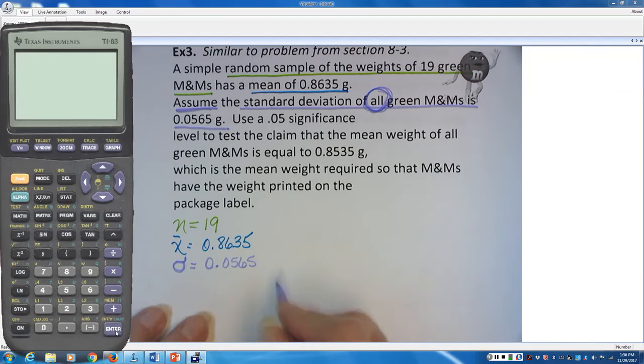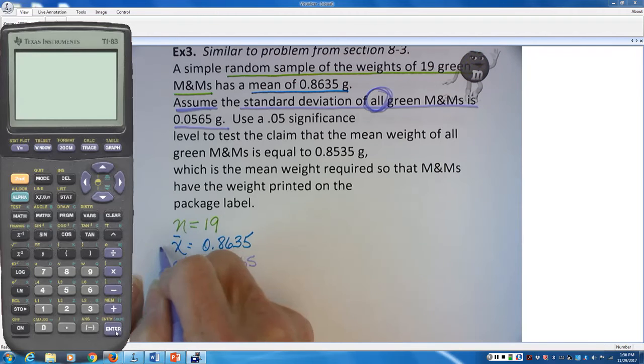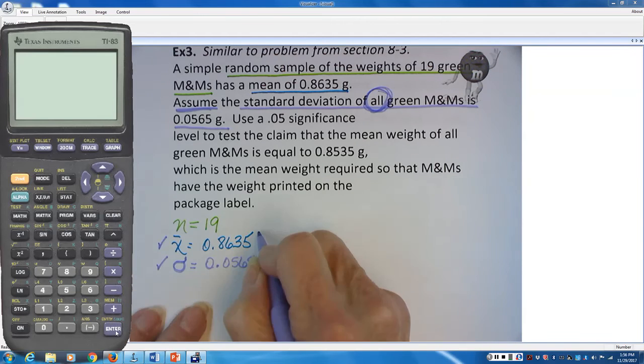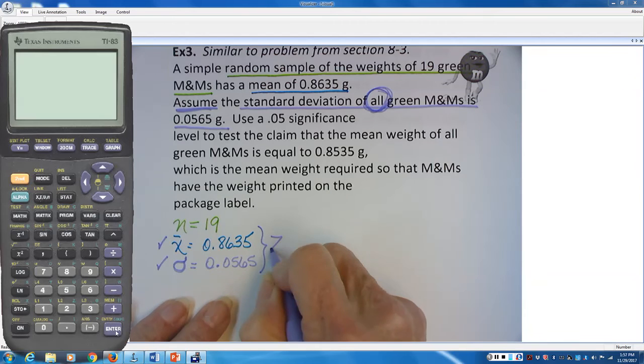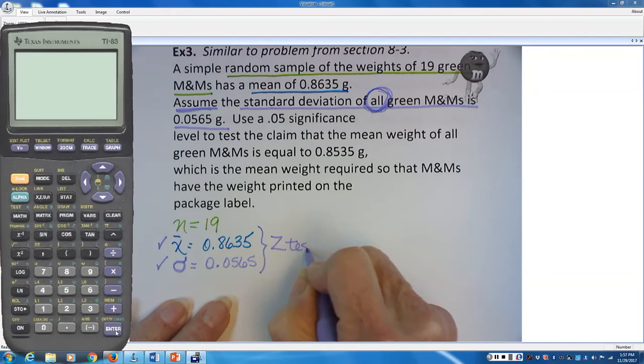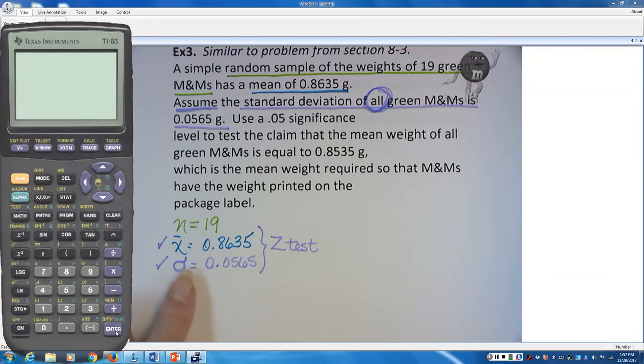But this fact that there's sigma, and the fact that it's about X bar, and the fact that you do have sigma tells us right now, before we go any further, this is going to be a z-test. Because it's a test about a mean, because they gave us a sample mean, and they gave us a sample standard deviation.